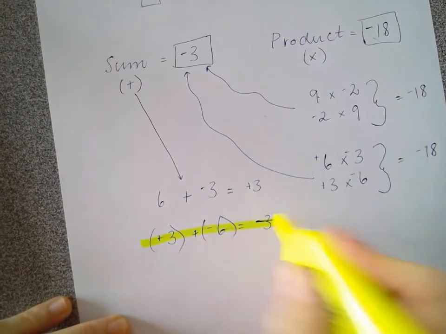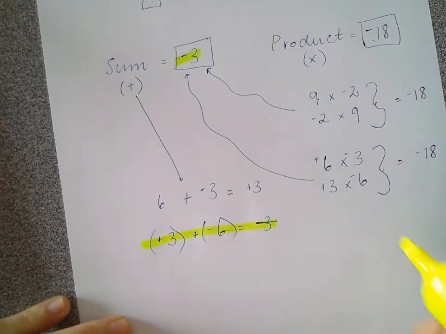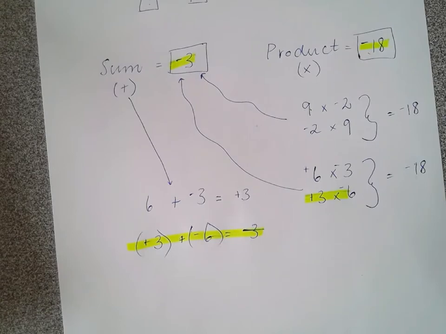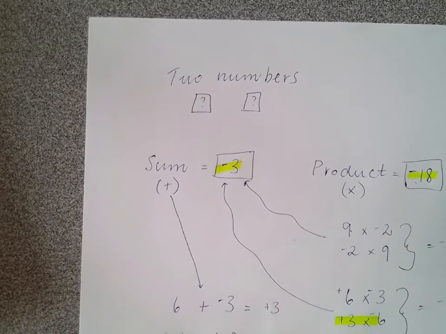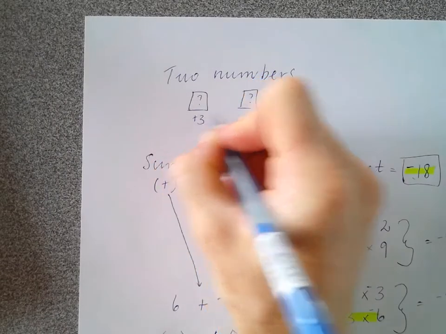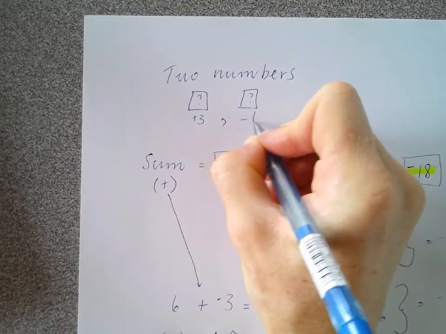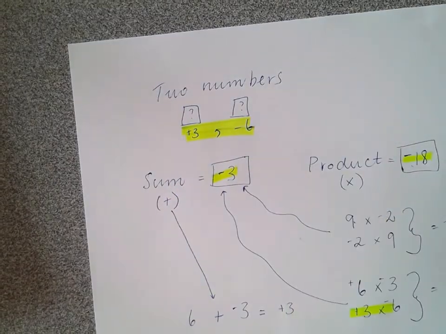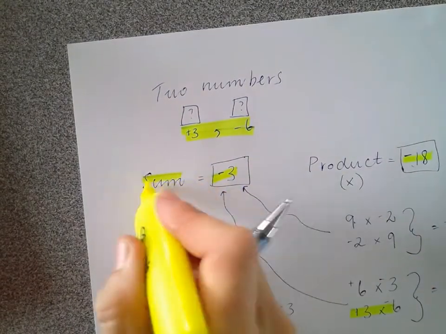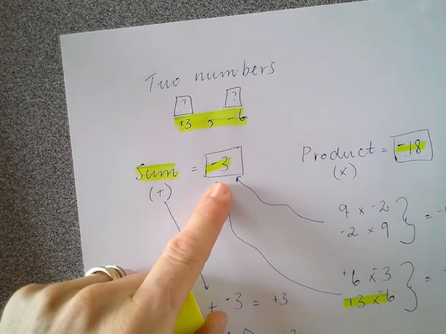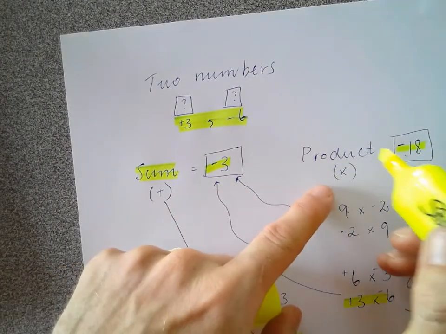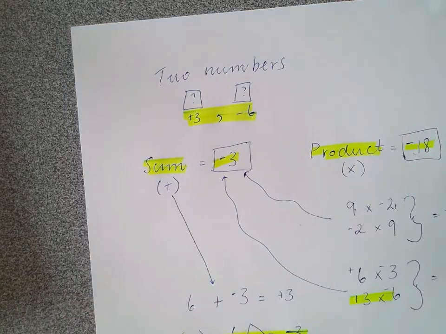So our two numbers are positive 3 and negative 6. That is our answer. Positive 3 and negative 6, when we plus them together, gets us negative 3. Positive 3 and negative 6, when we multiply them out, gets us negative 18.